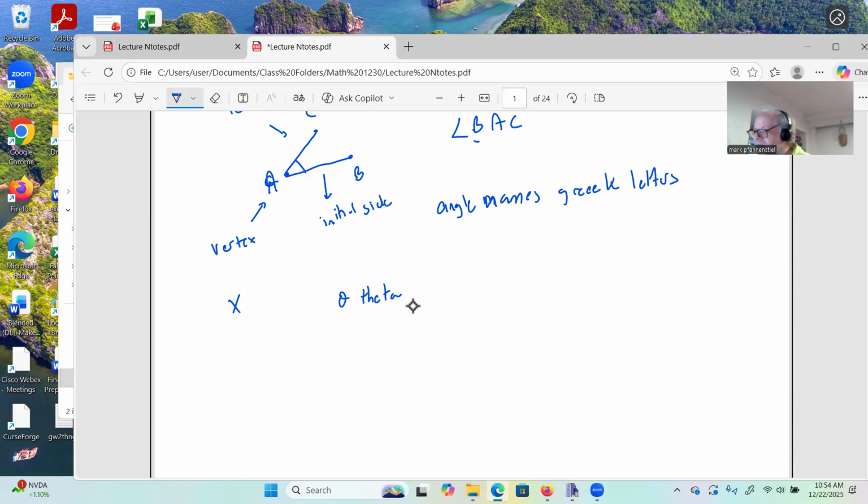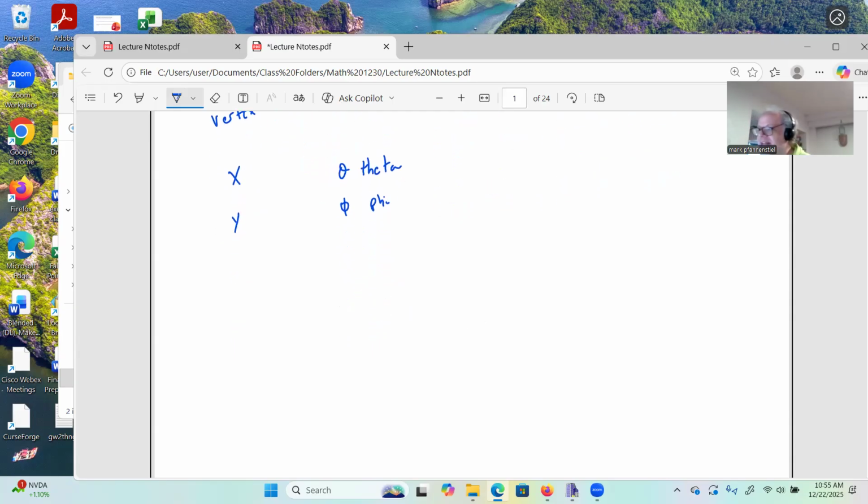We also, so that's typically your x. Less common is going to be phi or phi, depending how you want to pronounce that. If it's Phi Theta Kappa, then we go with phi, but I usually pronounce it phi, but whatever. And then there's a couple other ones. So we have A, alpha, B, beta.